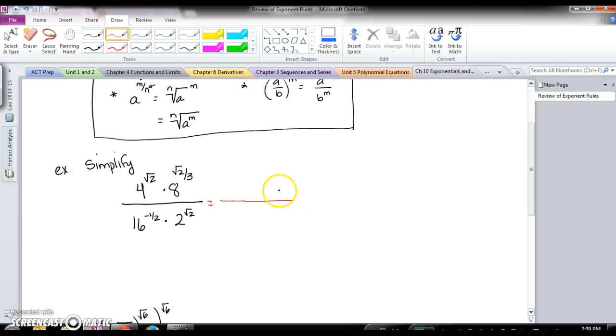So just looking at the numerator, I have a base of 4 and 8. I can rewrite both of those numbers with a base of 2. So 4 becomes 2 squared. 8 becomes 2 to the third power. Then in the denominator, same thing. I can rewrite 16 with a base of 2. So that would be 2 to the fourth power.